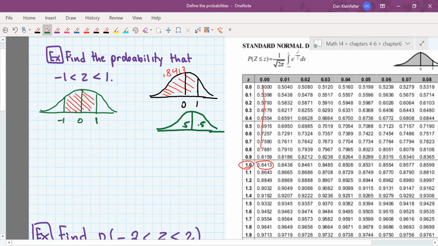Using symmetry. So 0.8413 minus 0.5 is 0.3413. This will be the probability that z is in between 0 and 1.